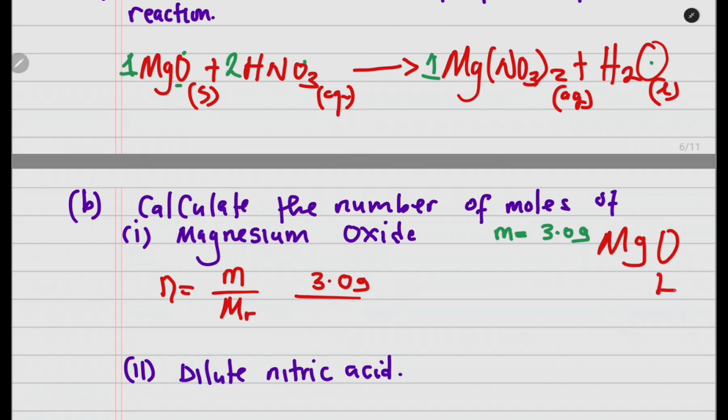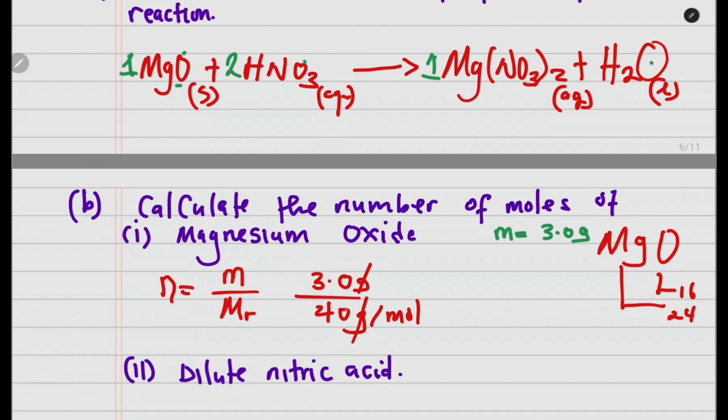What you have here is oxygen, which is 16, and magnesium is 24. So 24 plus 16, that is just 40. So I guess we've not missed it on the molecular formula. So 40 grams per mole.